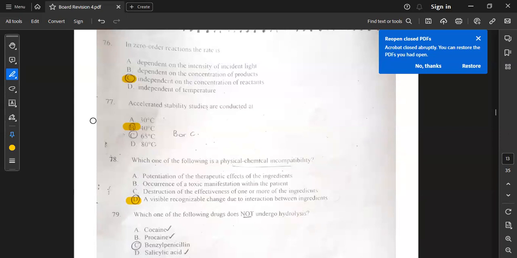Anyway, we've seen the various types of incompatibilities: therapeutic, chemical, and physical.